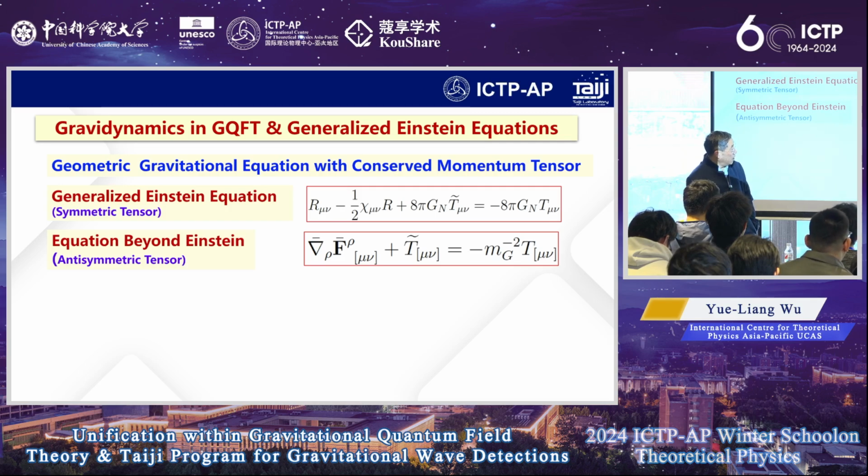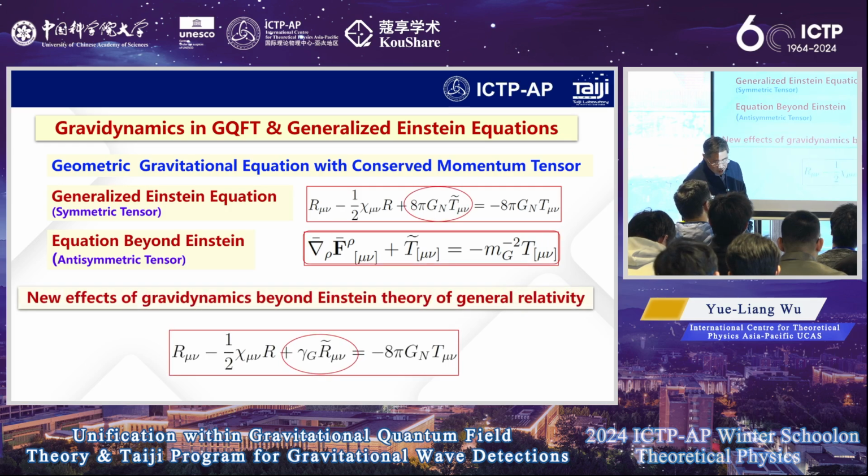And then there's an anti-symmetric part that is beyond the Einstein equation. So we have this one for the 6 anti-symmetric ones. If the spin gauge field is heavy, otherwise we should observe it in our collider experiments. So the spin gauge field should be heavy.